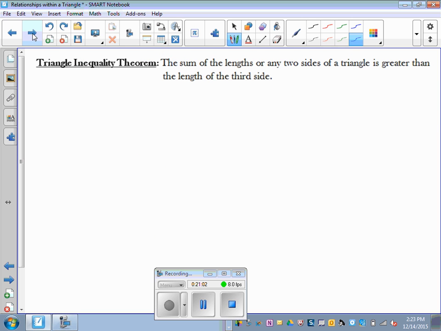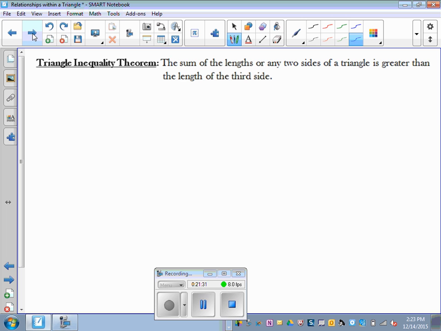Alright, so our triangle inequality theorem. A theorem that has a title again. Alright, Eric, what does the triangle inequality theorem mean for me? Good! Who wants to translate that? Any two sides of the triangle have to be greater than the sum of them. Good. The two sides added together must be bigger than that last side.